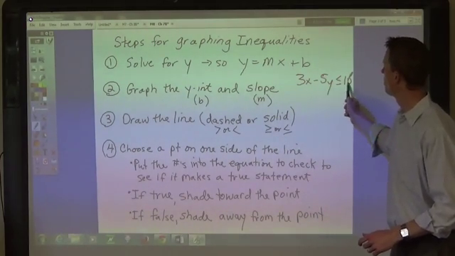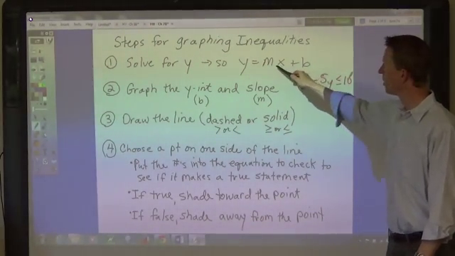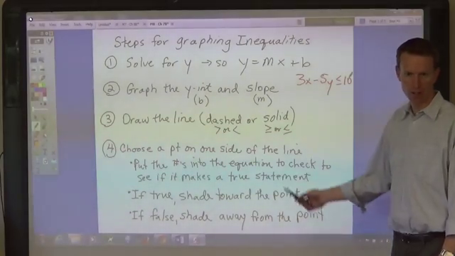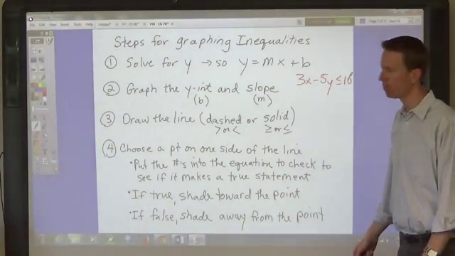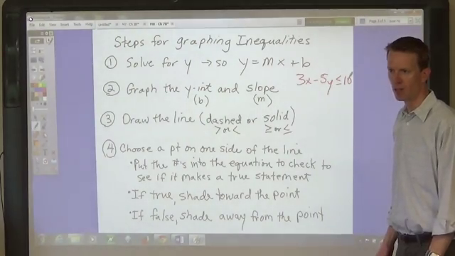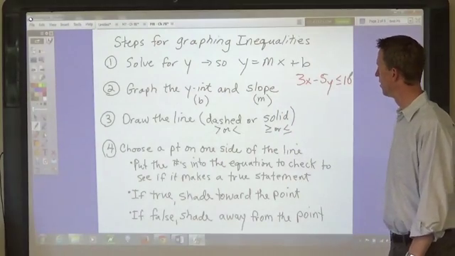Now, in order to graph this, you may want to put this into y equals mx plus b form, to solve this for y. Doesn't that make sense? So that's the first step, solve for y.